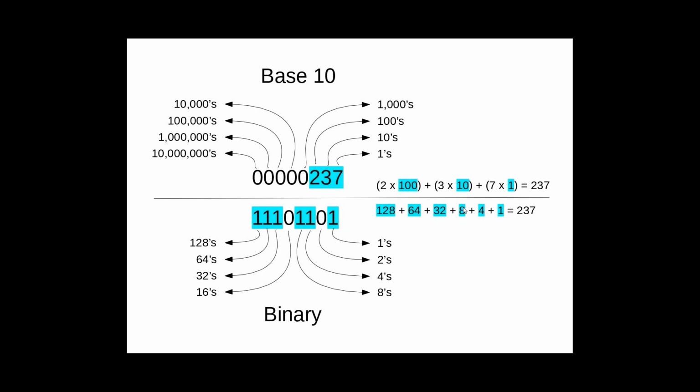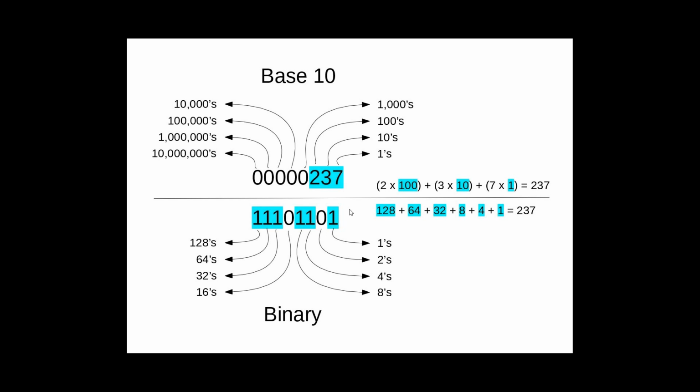We do have 1 in 8's, so plus 8, and then we have 1 in 4, plus 4. We don't have 1 in the 2's place, so we don't add anything there, and we've got 1 in the 1's place, so then we add 1, and that comes out to 237. So hopefully this is all making a little bit more sense for you.